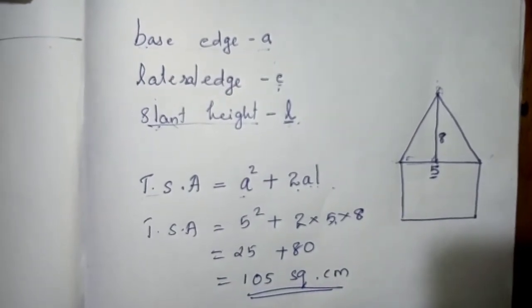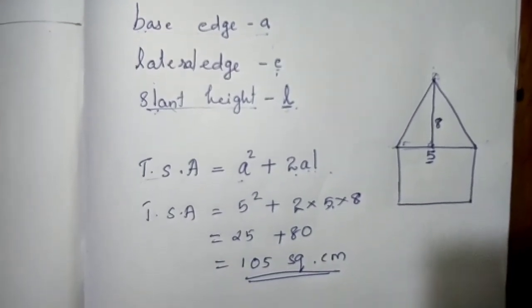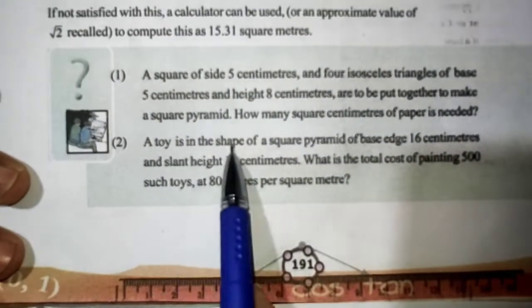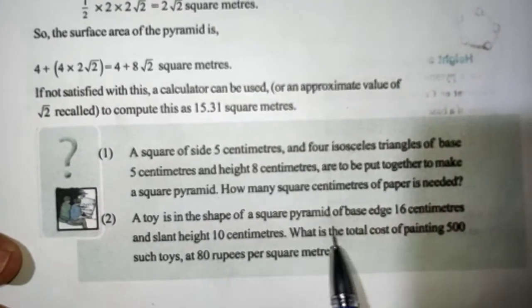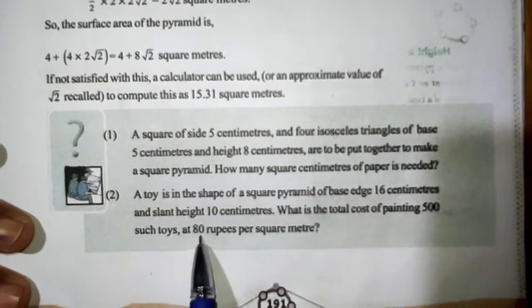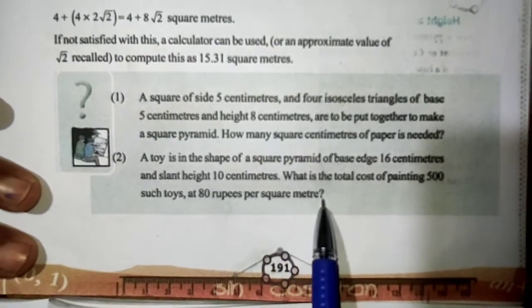So this is one of the questions. Then look at the next question. A toy is in the shape of a square pyramid of base 16 cm and slant height 10 cm. What is the total cost of painting 100 such toys at 80 rupees per square meter?